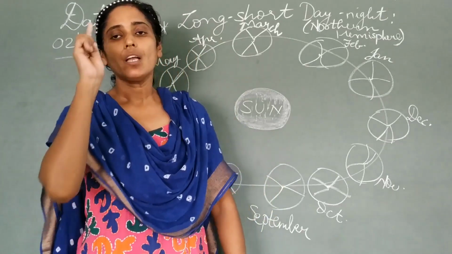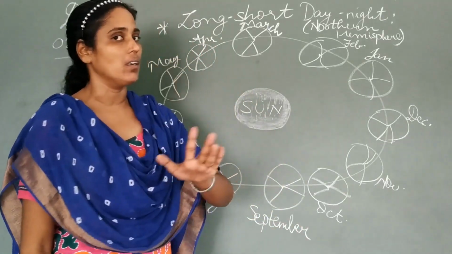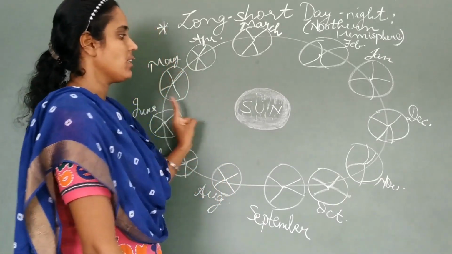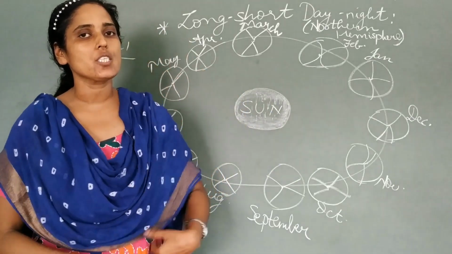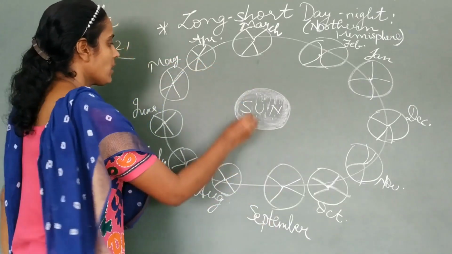The first one is 21st June, the longest day of the year. Which day, students? 21st June. That is why right in this position I have drawn June. 21st June is the longest day of the year, and that is known as Dakshinayan. What is that known as, students? Dakshinayan.